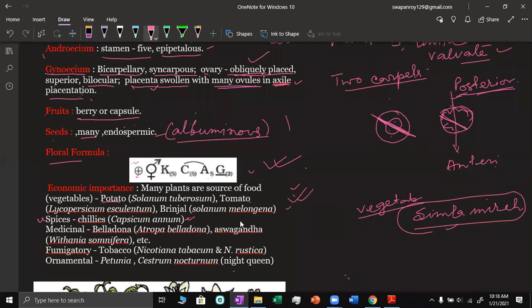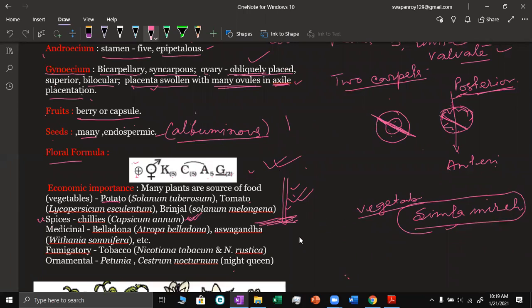So very important. We are getting our important vegetables. Without potato we cannot perhaps survive. It is a major portion of our vegetables in almost every house, except for the person suffering from diabetes. And chili is used as spice.